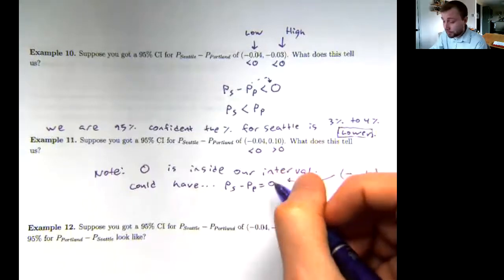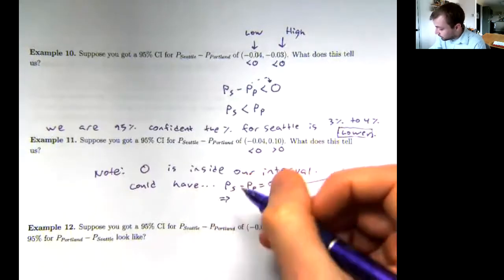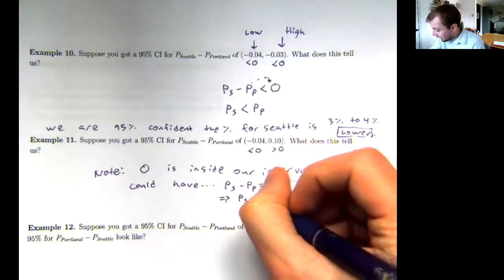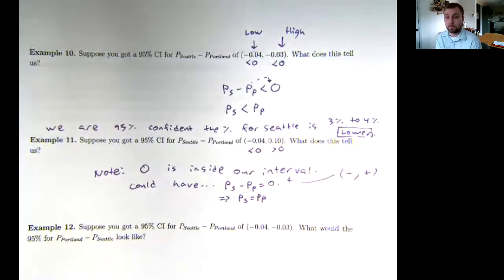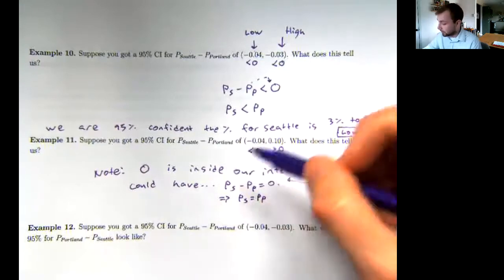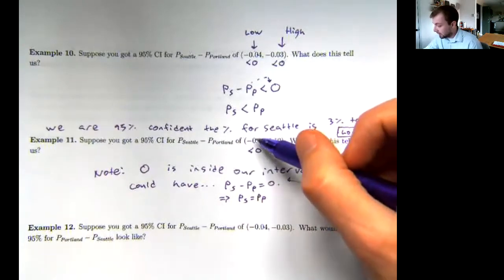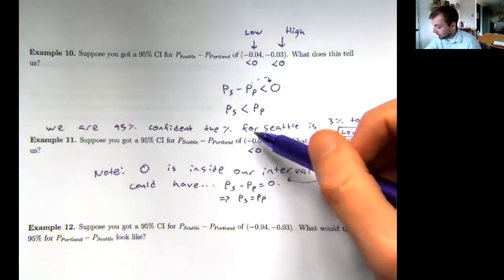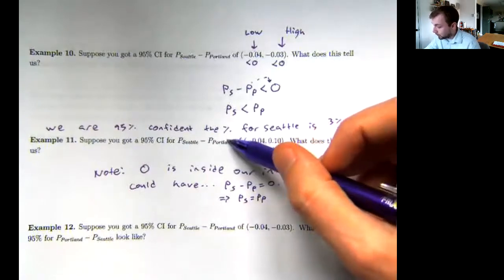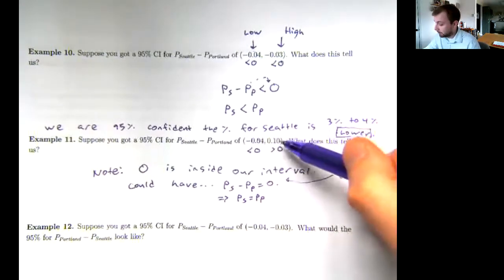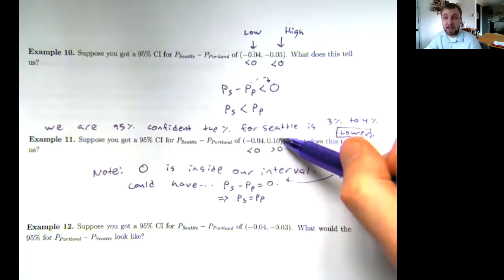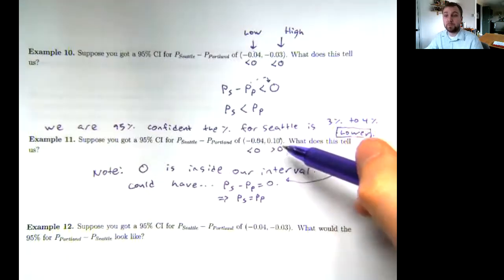I'm going to move this symbol to the other side. This means it's possible that Seattle is just as good as Portland. Now, if you wanted to go into this in a bit more detail, this negative number is saying that Portland could be better by up to 4%. This positive number is telling me that Seattle could be better by up to 10%.